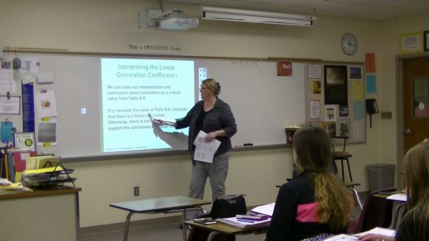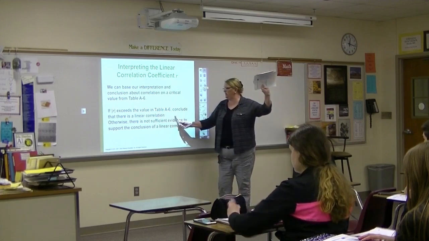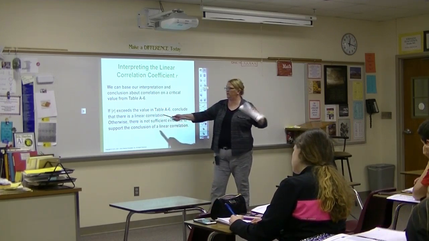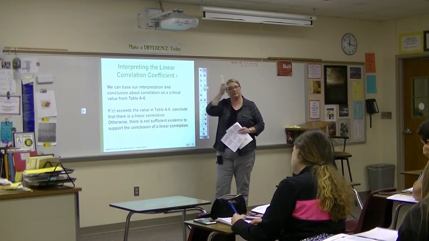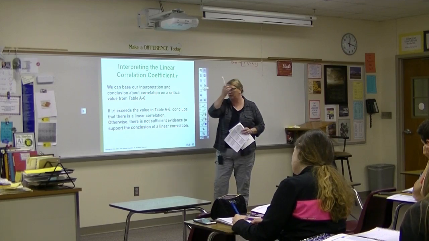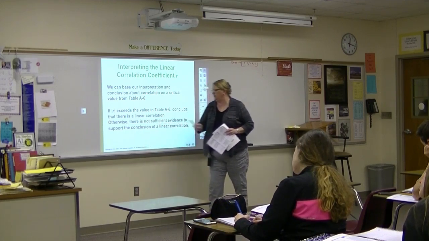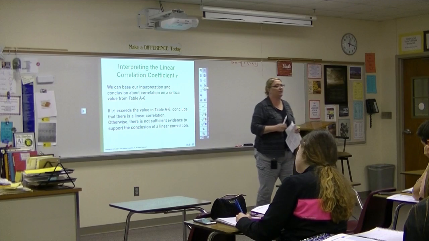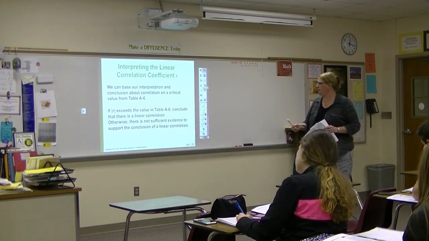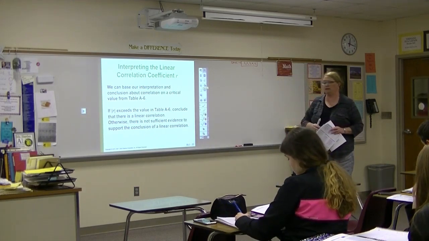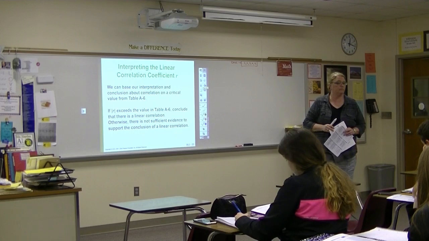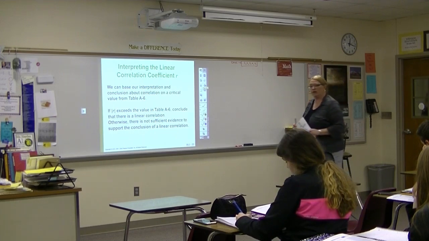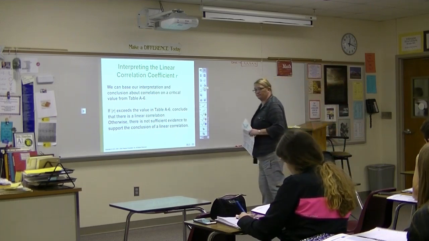If it exceeds this critical value in the table, we will conclude there is a linear correlation. Otherwise, there is not sufficient evidence to support the claim that there is a linear correlation. Everybody good at how we answer?